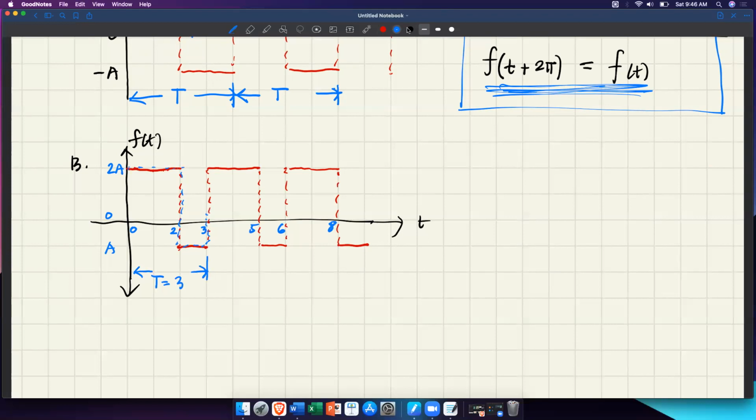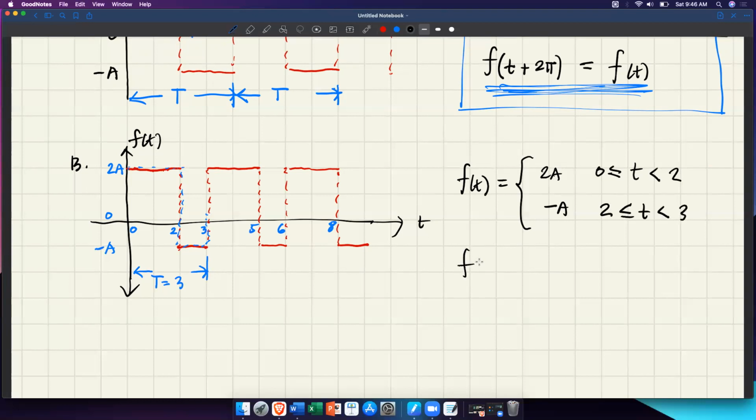Now, mathematically, you can represent the function of t. The function of t is equal to 2a for time between 0 and 2, and the value becomes negative a between 2 and 3.